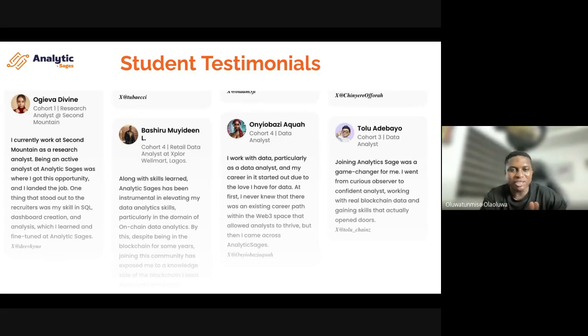Now, one thing about Bashir is that he has been a data analyst from the past, all right? So he wasn't new to data analytics. However, the value that Analytics Sage added stood out for him when he was transitioning into on-chain analysis.